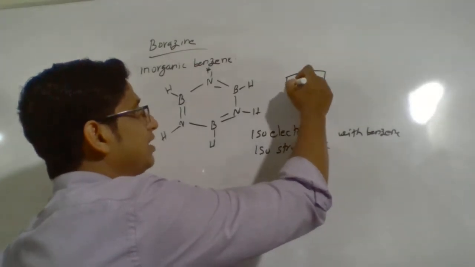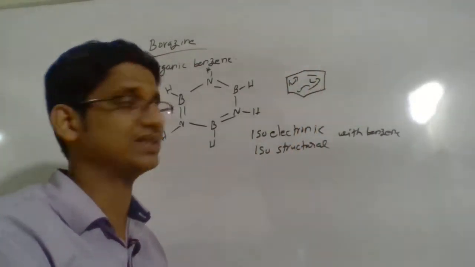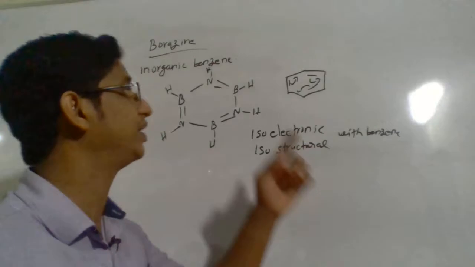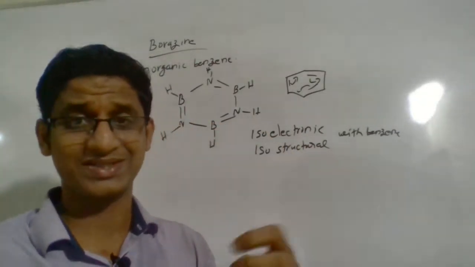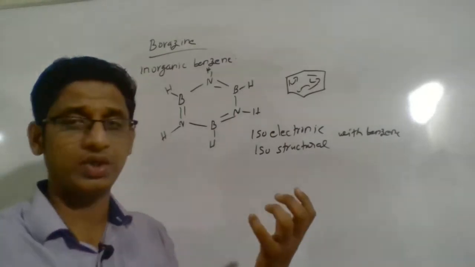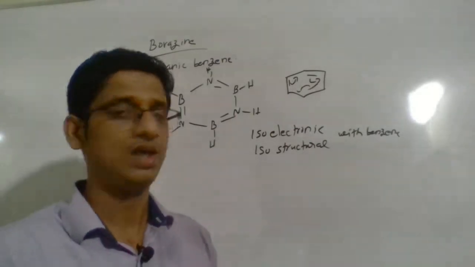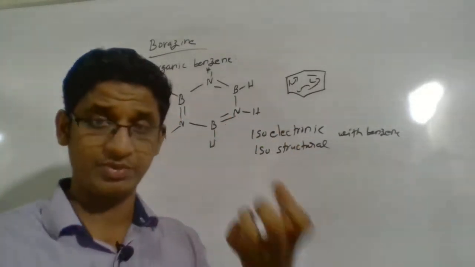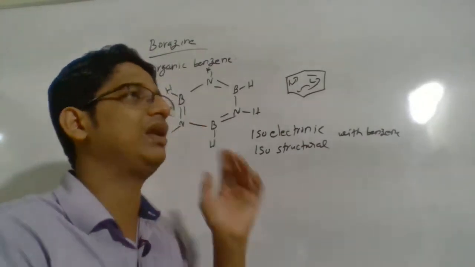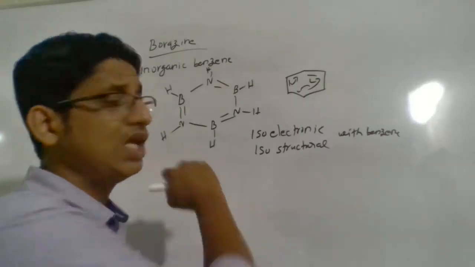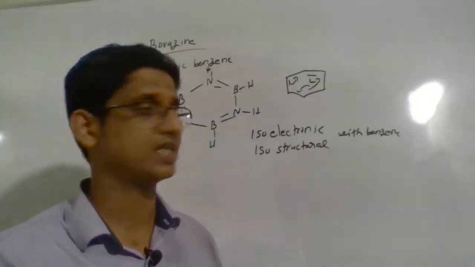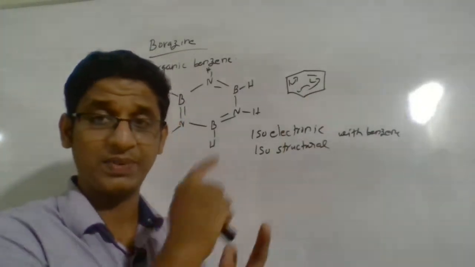In benzene they are perfectly delocalized, so it is a perfect aromatic compound. Nitrogen is more electronegative, so the boron nitrogen bond is polar, and the nitrogen hydrogen bond is also polar. That means delocalization of electrons is not that much. We can say in Borazine only partial delocalization takes place, while in benzene there is complete delocalization.